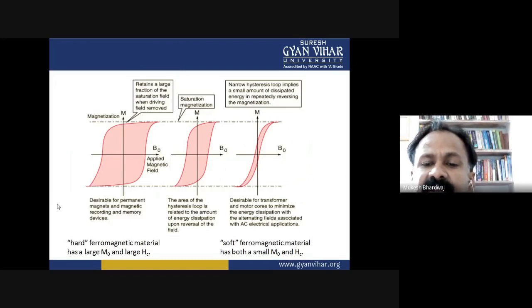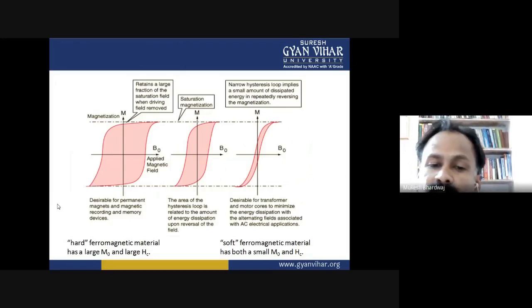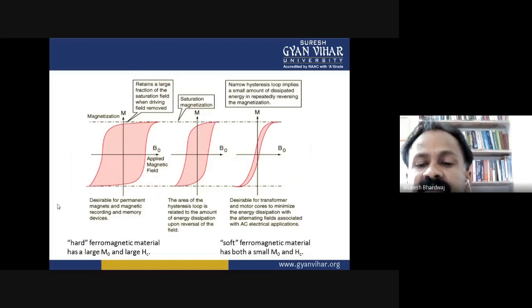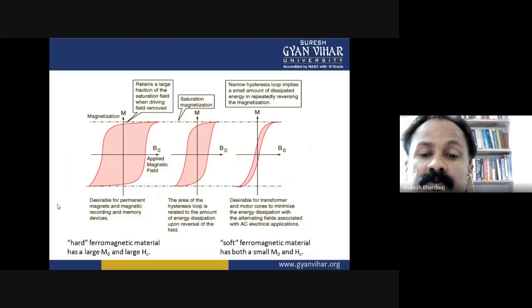Application wise, magnetic materials, mostly ferromagnetic materials, which are used in almost all electric devices, can be classified as soft and hard magnetic materials, depending on the ease with which the direction of magnetization can be altered by an applied magnetic field. That is, the division is based on the value of Hc shown in the hysteresis loop.